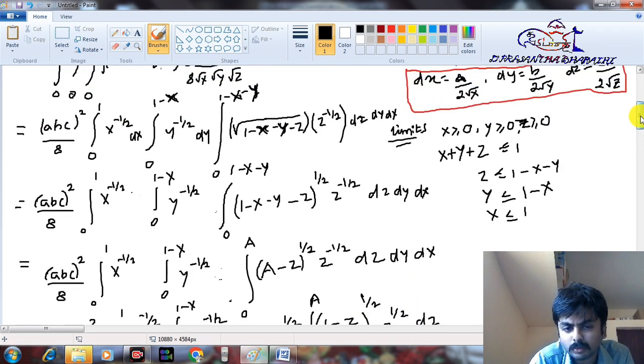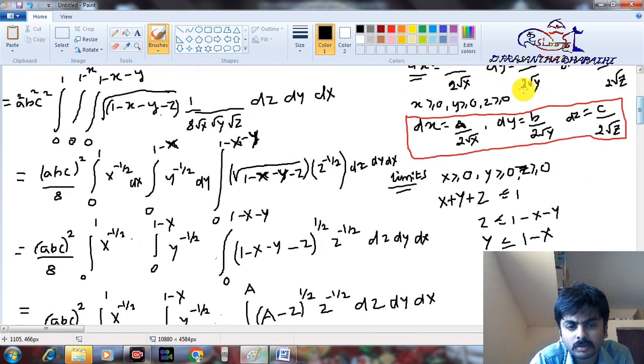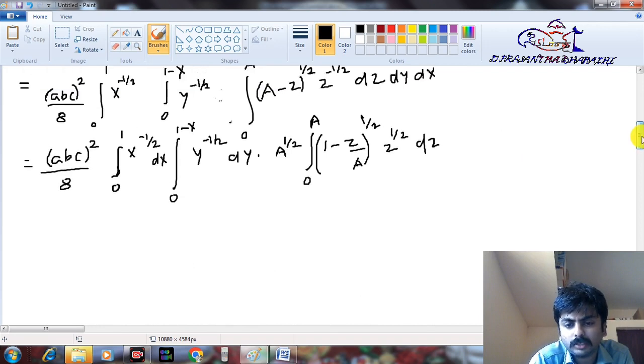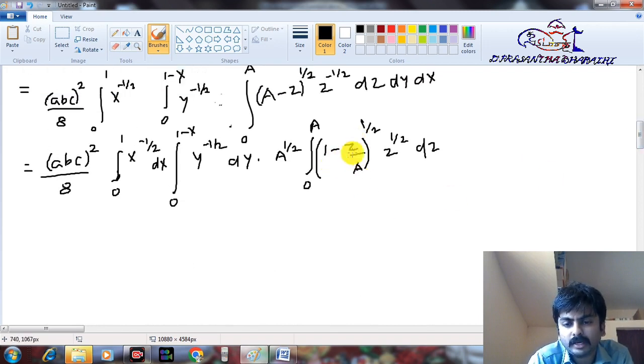See, I want to make it a single factor in order to get integral 0 to 1 of x power m minus 1 into 1 minus x power n minus 1 dx, so that I can get beta of m comma n.